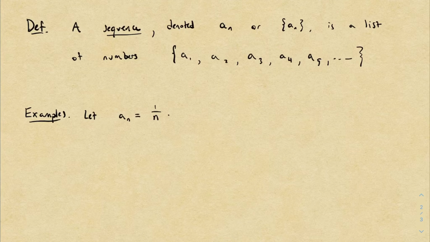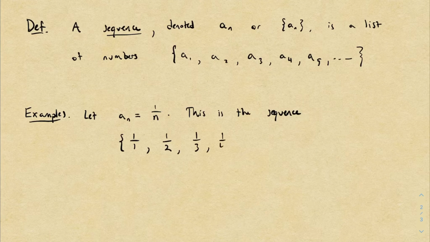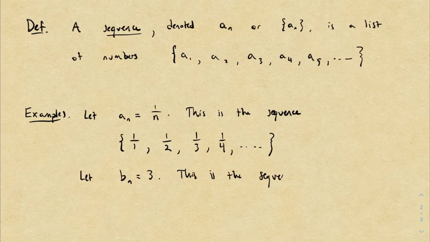What this means is that this is the list of numbers 1 over 1, which is 1, 1 over 2, 1 over 3, 1 over 4, and so on. Another example would be the sequence bn equals 3. This is a really boring sequence where every number in the list is 3. It's the constant sequence, just like the constant function 3.